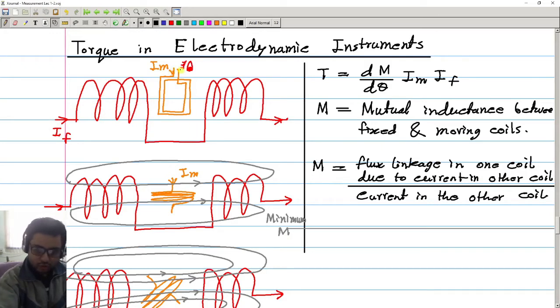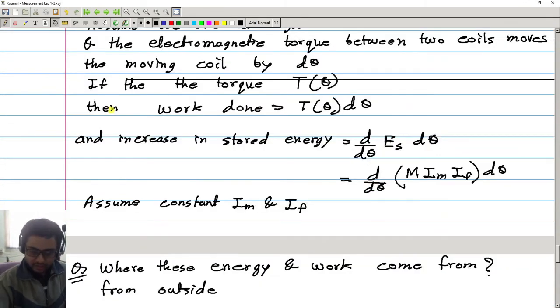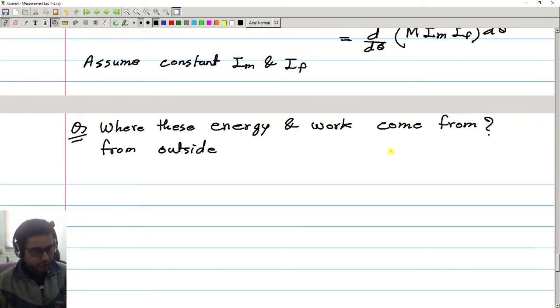Here also there should be a source, some external circuit, which is supplying this current, and those two sources will have to supply some energy that will compensate for this work done here and the increment in stored energy. So now we have to find out that work done.